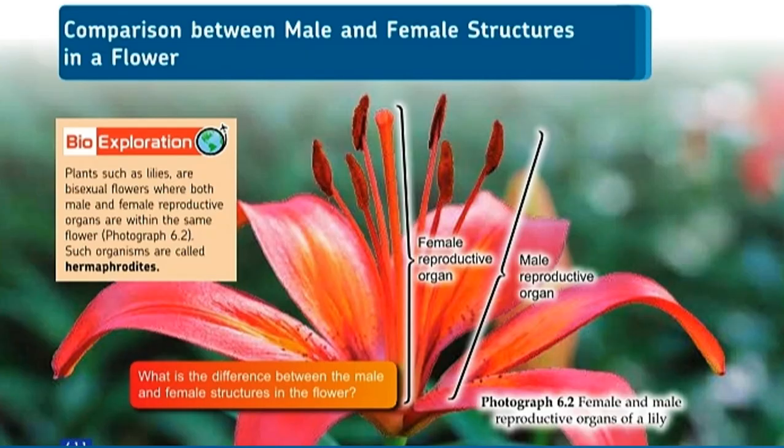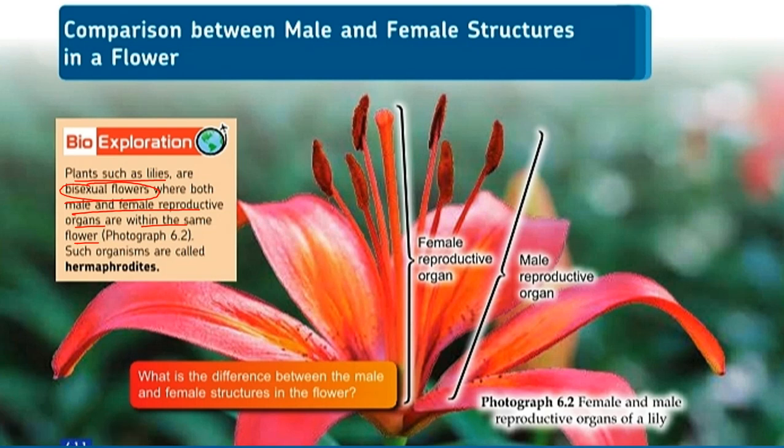So, a comparison between male and female structures in a flower. Plants such as lilies have bisexual flowers, where both male and female reproductive organs are within the same flower. So bisexual flower here means it contains both male and female reproductive organs in the same flower.